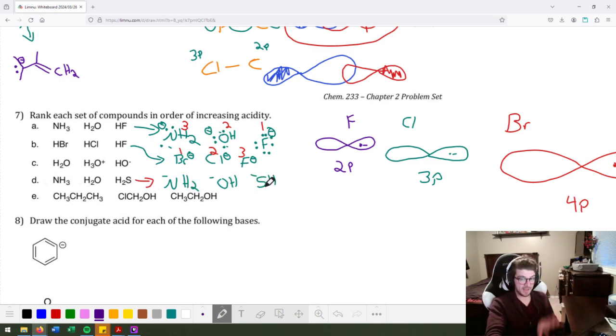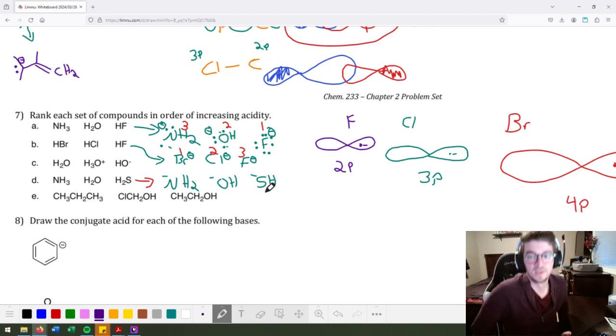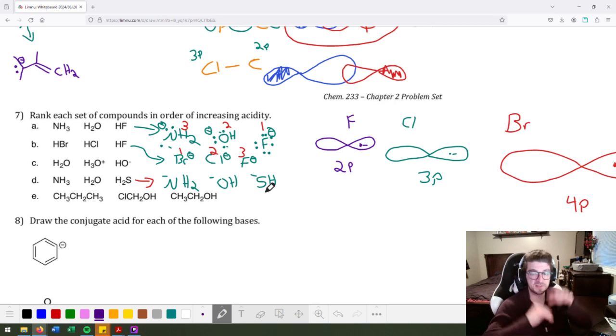So the SH minus, I'm just going to compare that to OH minus instead of trying to compare it to NH2 minus. Because that would be a diagonal comparison, and while we can kind of do those, it's not 100% consistent, and you kind of have to just take it on a case-by-case basis.